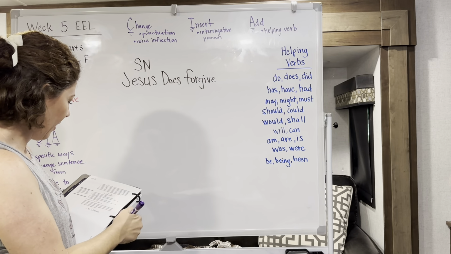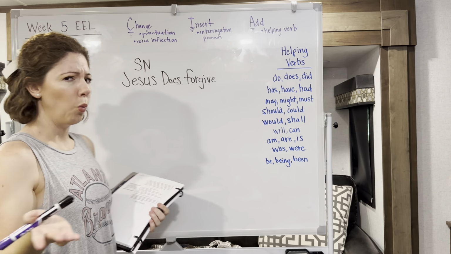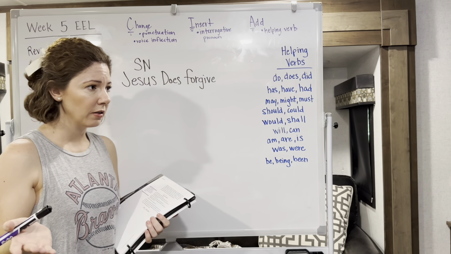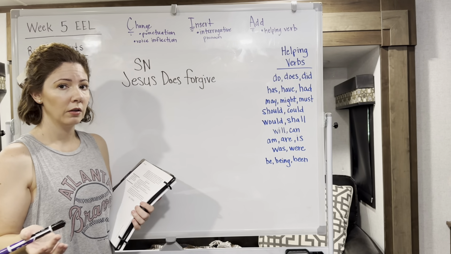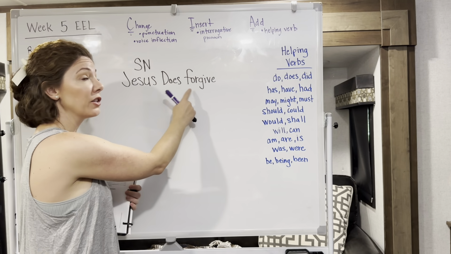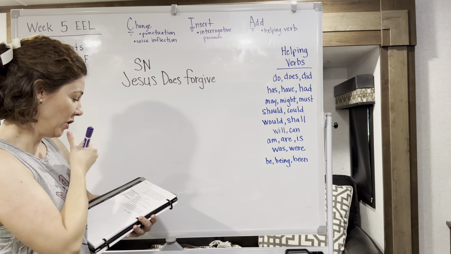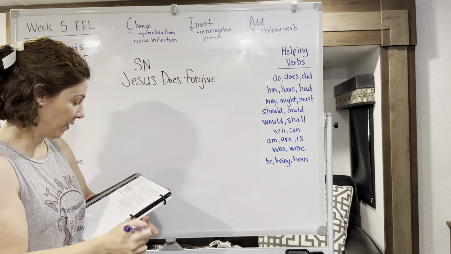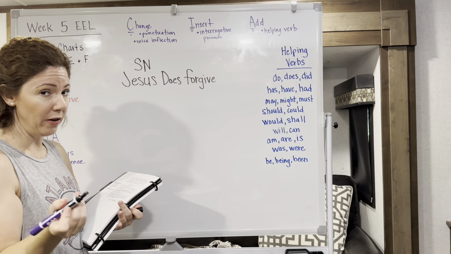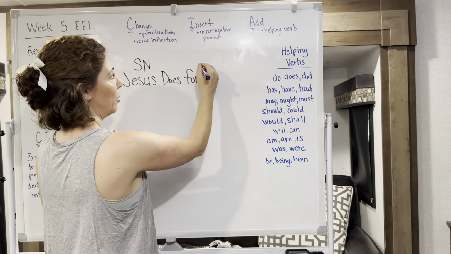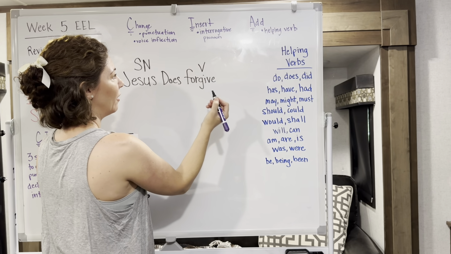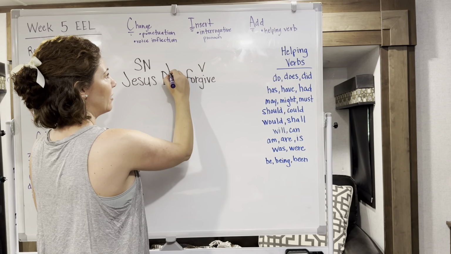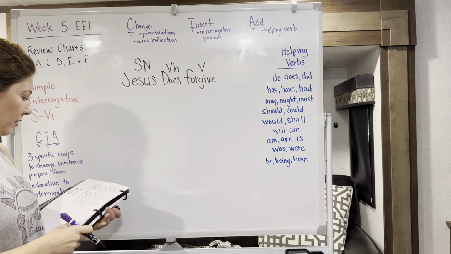Okay, and then we're going to ask ourselves, what is being said about Jesus? Right, we're saying Jesus does forgive. We already determined our verb is forgive, and this is our helping verb. So we have our helping verb and our subject.